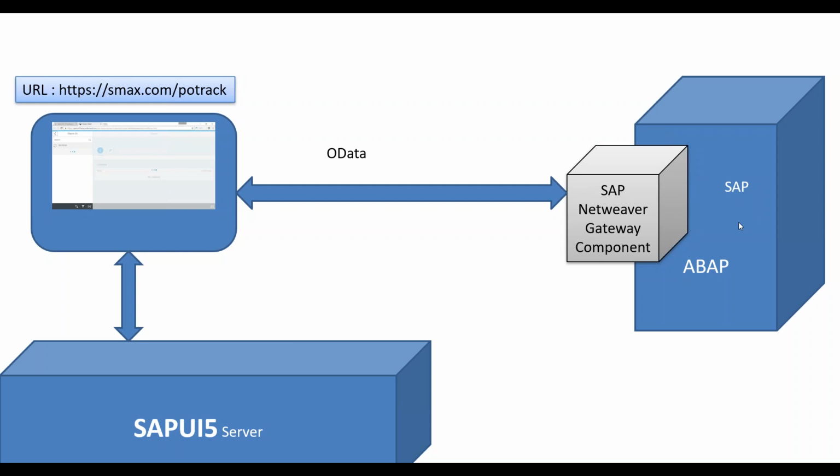A protocol is for communication, for sending the information. So this gateway will understand HTTP and convert it into DIAG. Again, it gives back in DIAG, and again it converts into HTTP. That HTTP will reach the browser as a response. The browser contains our UI5 application, will interpret that data, and now it will show the data.